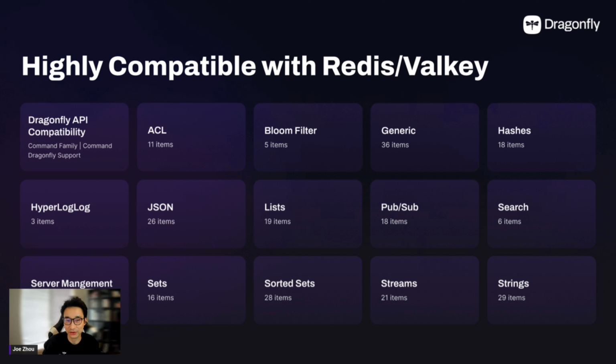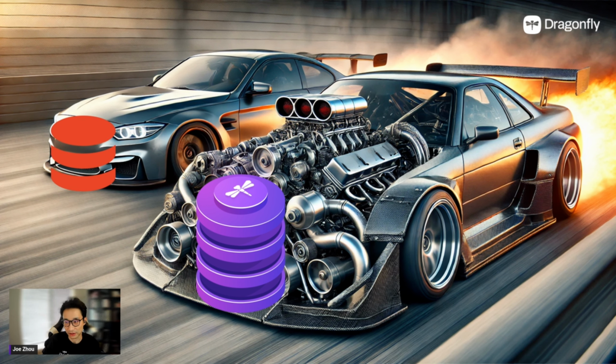So Dragonfly is designed to be compatible with Redis or Valkey. The API is the same. Often the only change you need to make is to switch the endpoint in your application code. The rest of the commands and everything are the same. But now you have a much more powerful engine underneath. It's kind of like two cars. They are almost identical, probably exactly the same when you drive them.